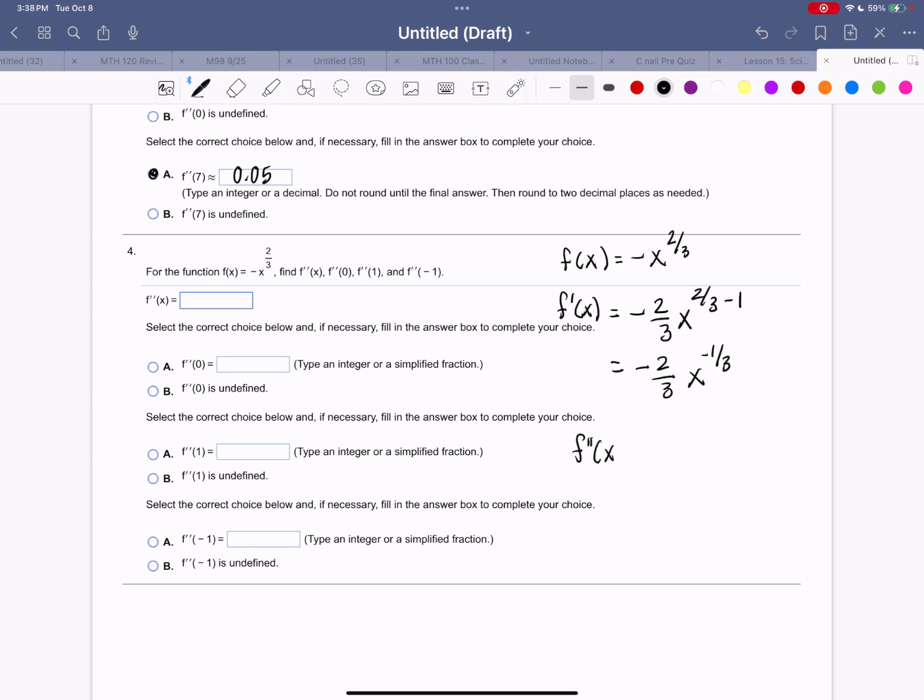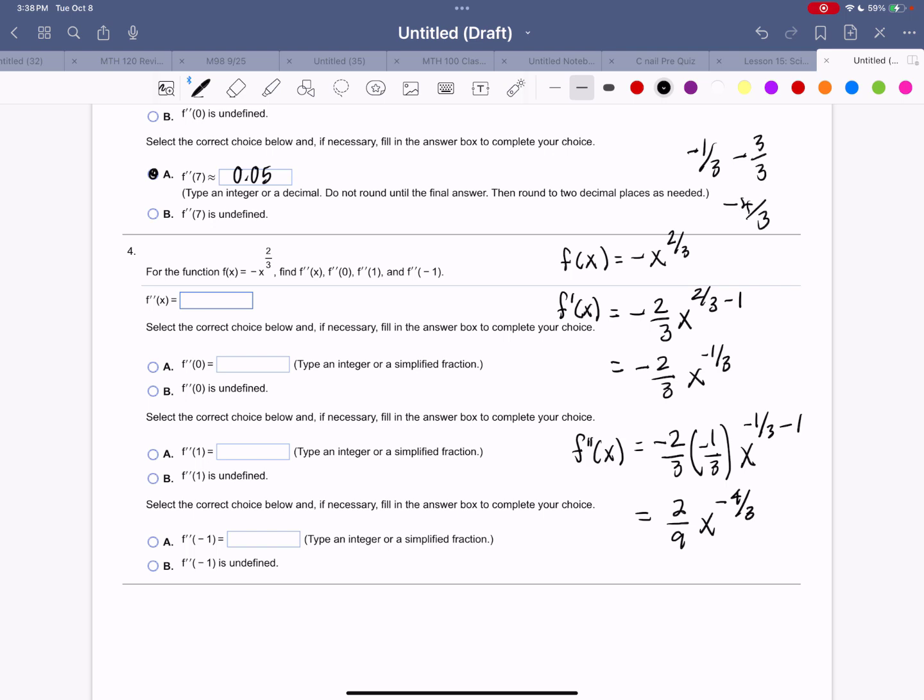Second derivative is going to be minus 2/3 times the power, base power minus 1. So a negative and negative is going to be 2/9 x to the negative 4/3. So I did negative 1/3 minus 3/3, because that's 1, it's negative 4/3.